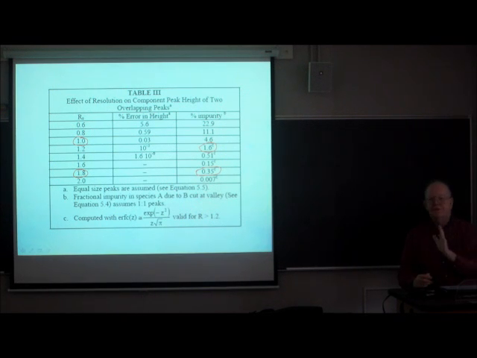But with a reasonable degree of resolution, it's always easier to measure things by peak height than by peak area. We'll have a lot more to say about whether one should measure peak height or area when we talk specifically about different kinds of detectors, because there are some other very important issues that come into play as to whether you quantify the peak by measuring its area or by measuring its height.